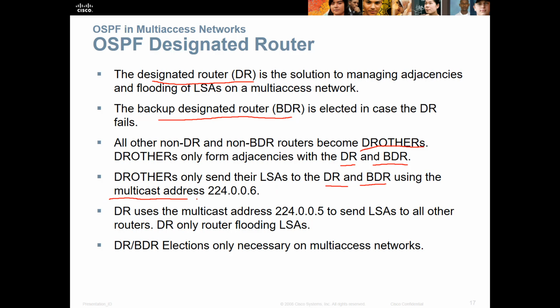They do it via a multicast address. The DR uses a multicast address to send it to all other routers. That way only the designated router will flood LSA advertisements. So instead of having all the routers constantly send to everyone else, we send it to the designated router, and the designated router controls it to all the other routers.